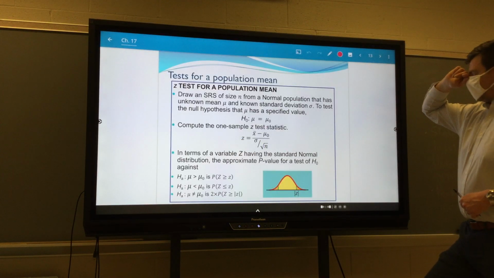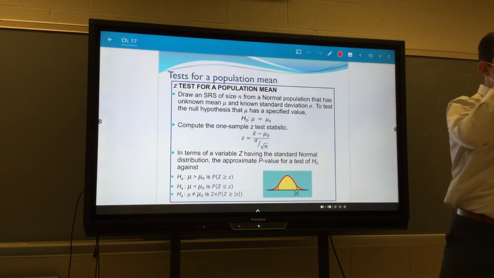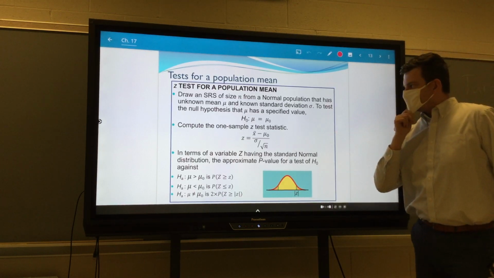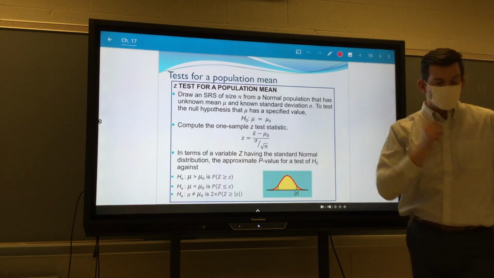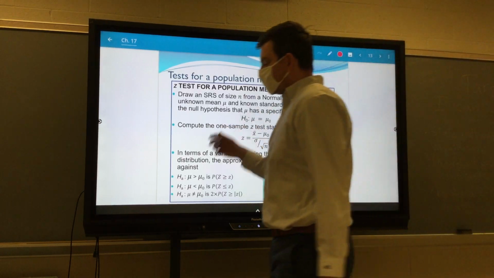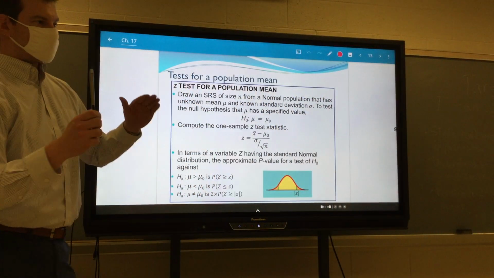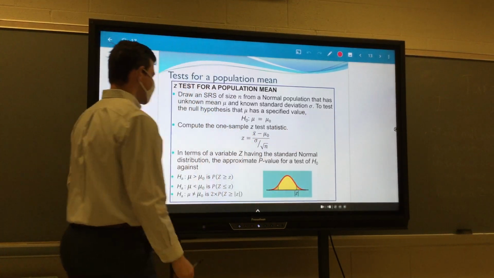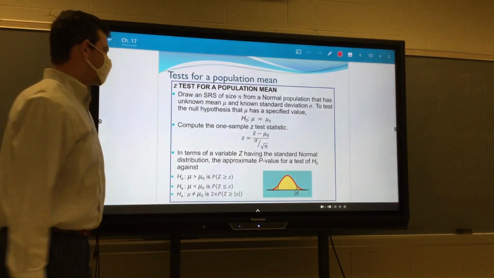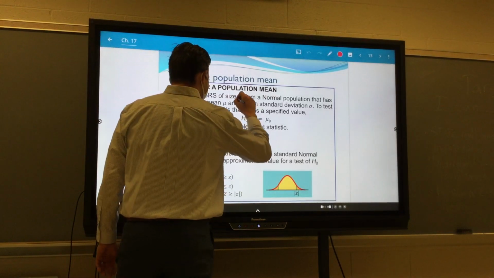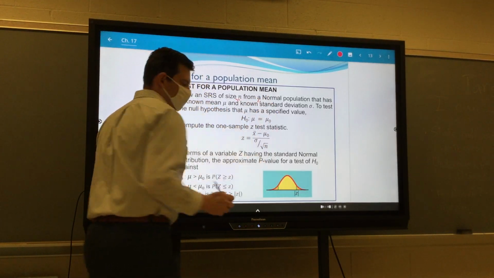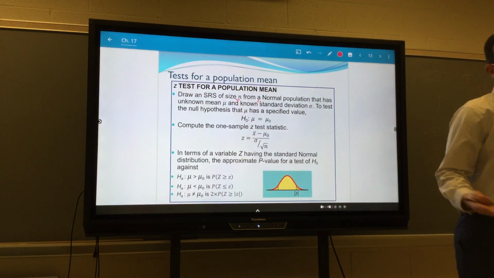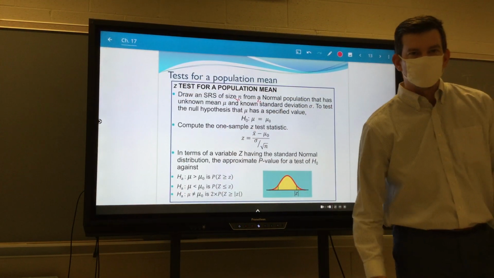So specifically for our single population mean, we're going to start by looking at a z-test. The way this works, you're taking a simple random sample of some set size n from a normal population that has an unknown mean and, in quotes, a known standard deviation, because we said that you don't know the population's standard deviation.